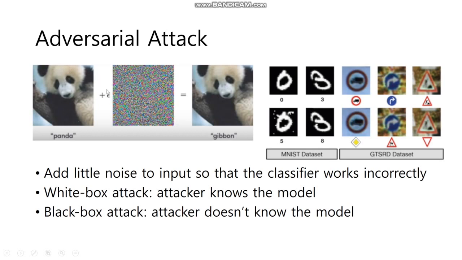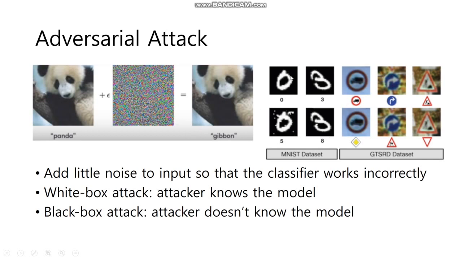If we add this kind of noise to the image, then to the human eye, it just looks like a panda. However, the neural network classifies it as a gibbon, a monkey. The point here is we are adding noise that is not visually different to the human eye, but totally different to the neural network.